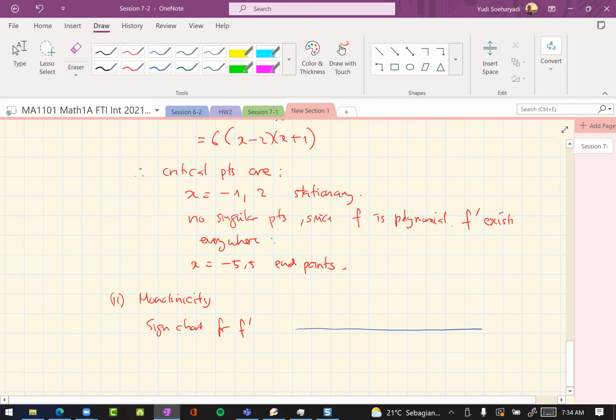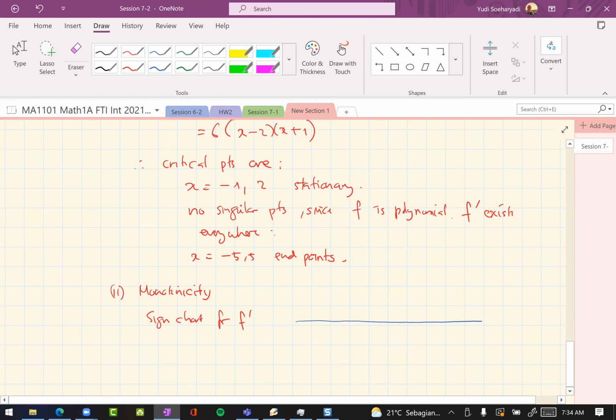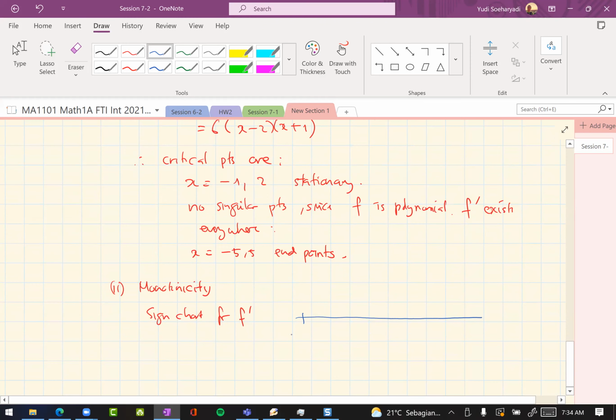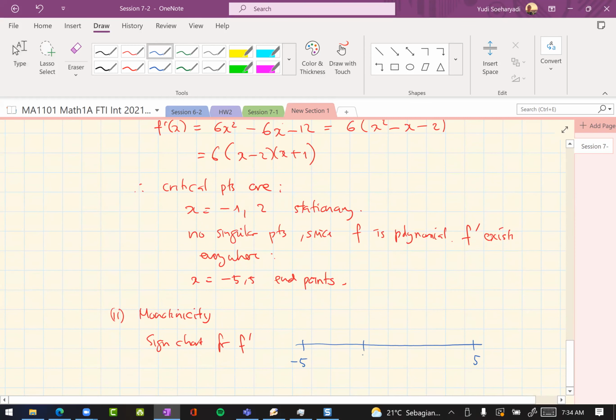Let's indicate all the critical points here: the endpoints -5 and 5, and then x = -1 and 2. The scale is not really important in this case. Let's just indicate this is for f prime.